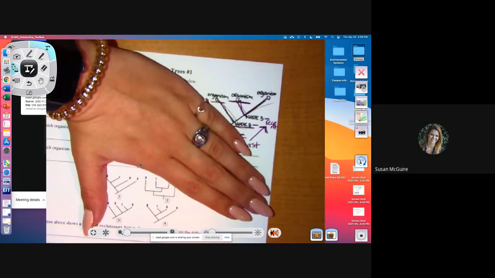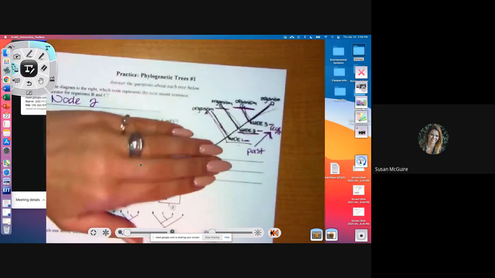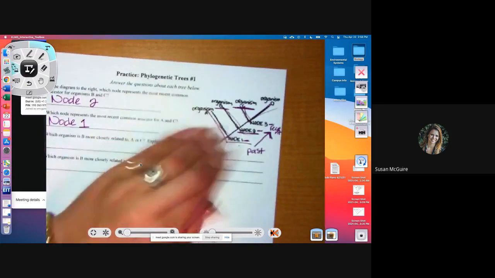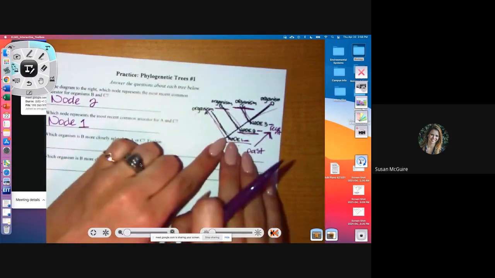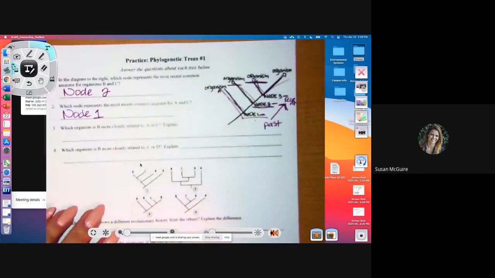It diverged from this. Yes, they have a common ancestor, but we're moving forward. I don't like these kind of trees that just look like this. I like these. So B is related to node 1, but not node 2.